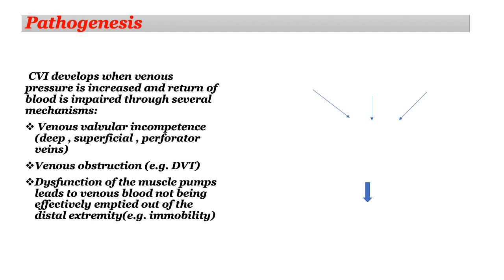Now, pathogenesis of CVI. CVI develops when venous pressure is increased in the lower extremities, of course, and return of blood is impaired through several mechanisms.